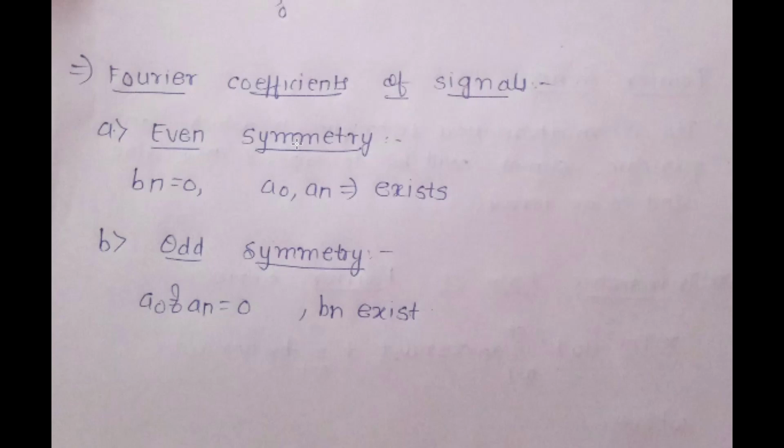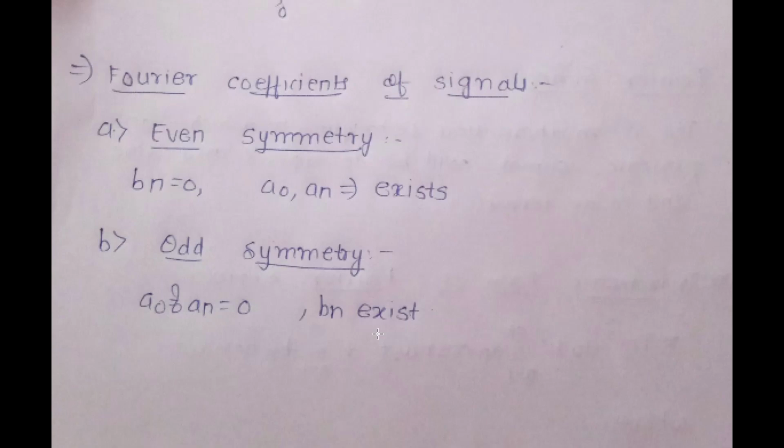I'll be talking about what is an even symmetry or odd symmetry later, but if it is an even symmetry signal, my bn coefficient is directly equal to 0. So your work is to just find out a0 and an. Similarly, if it's an odd symmetrical signal, your a0 and an are directly equal to 0 and only your bn will exist. So that is very important.